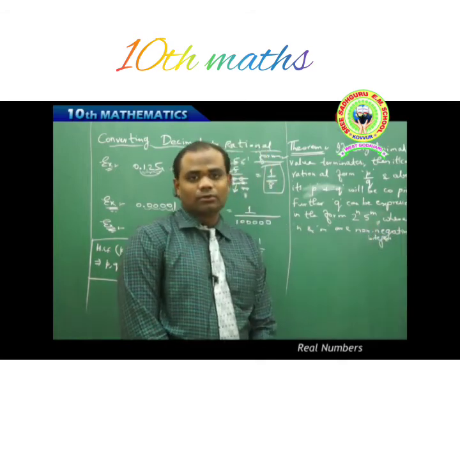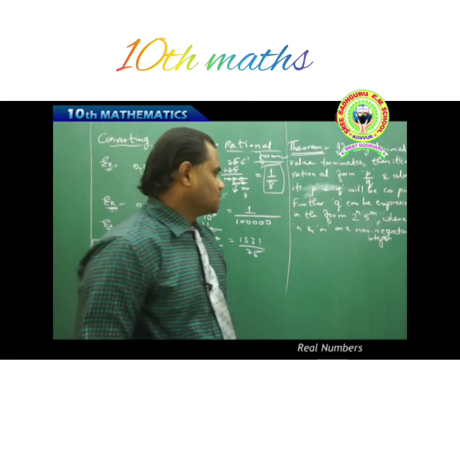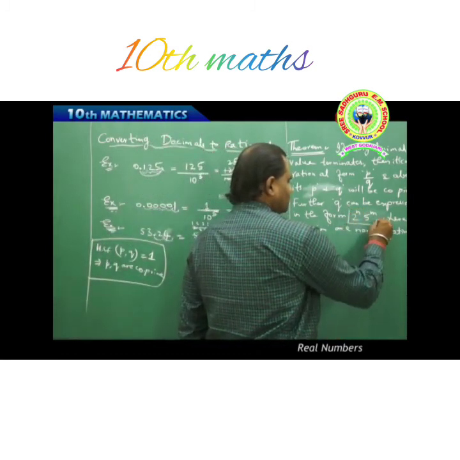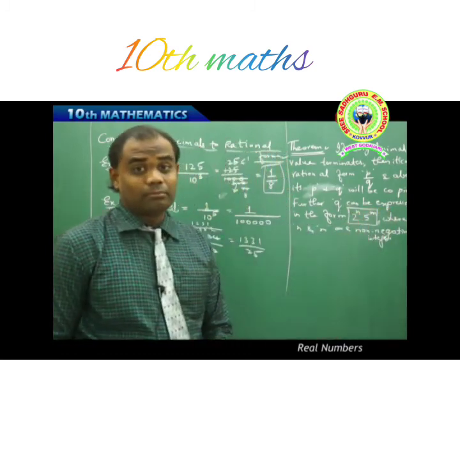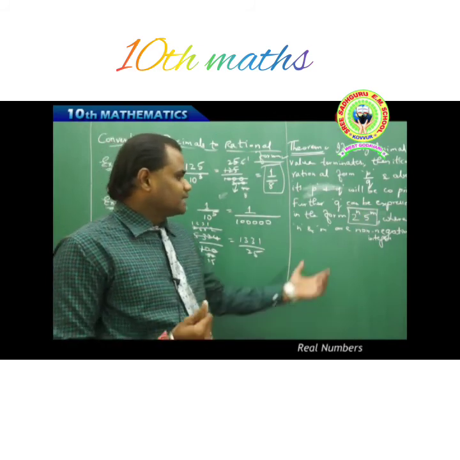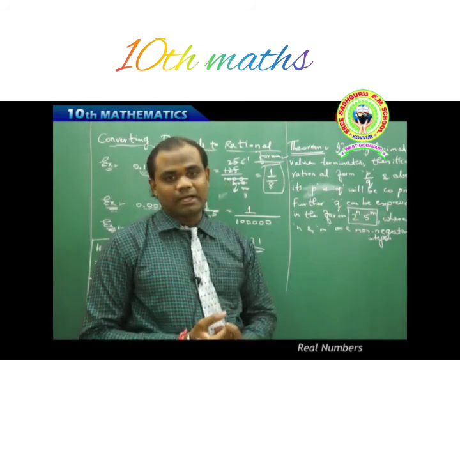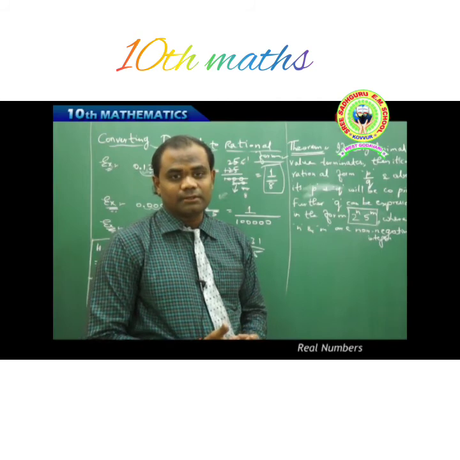So this is how I conclude the theorem, but the whole of this concept is very important to understand. Why did I say that Q can be expressed in the form 2 power n and 5 power m? What is the need?